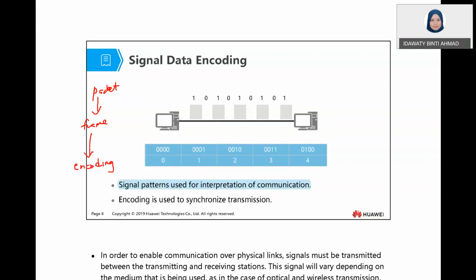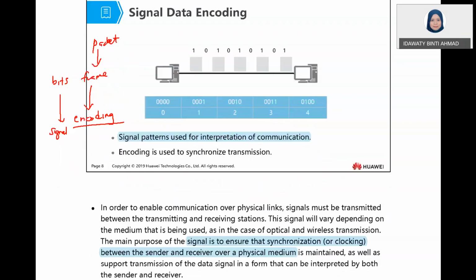This part is to change from bits to become a signal. So encoding is the process to convert the bits, 101011, to become a signal. So that is what is meant by encoding.